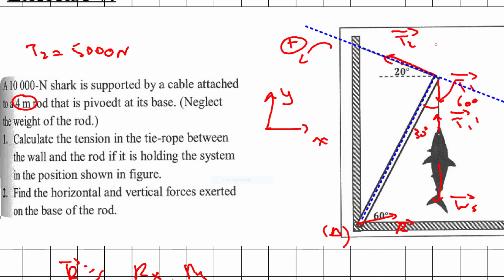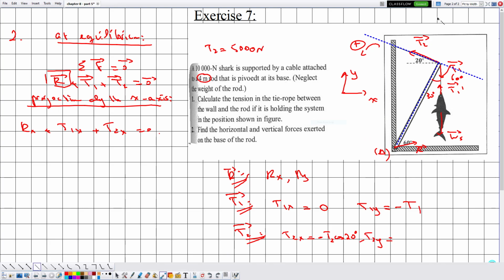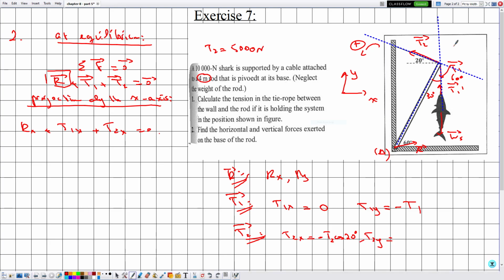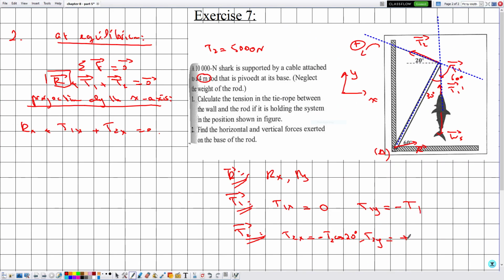As for T2x, along the x-axis, so it is in the negative direction, minus T2 cosine 20. And what about T2y? So if this is 20, then this is given by 70 degrees, so plus T2 cosine 70 degrees.